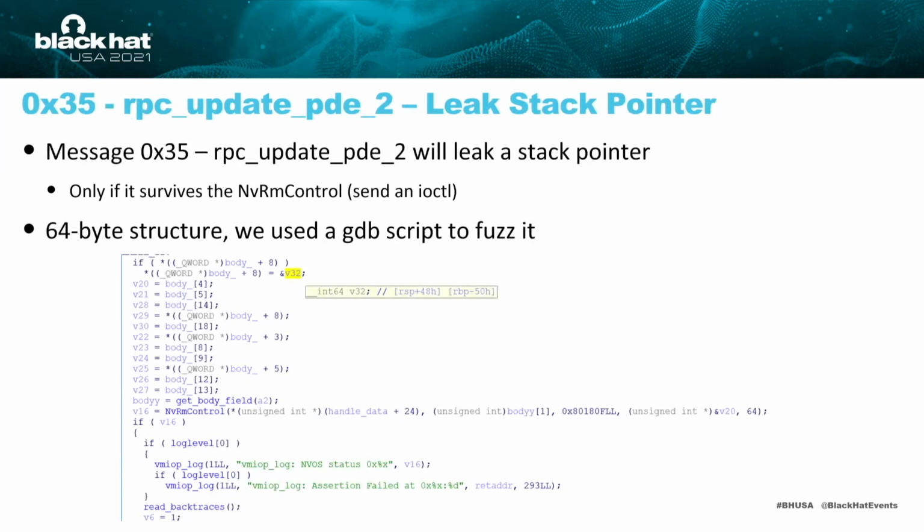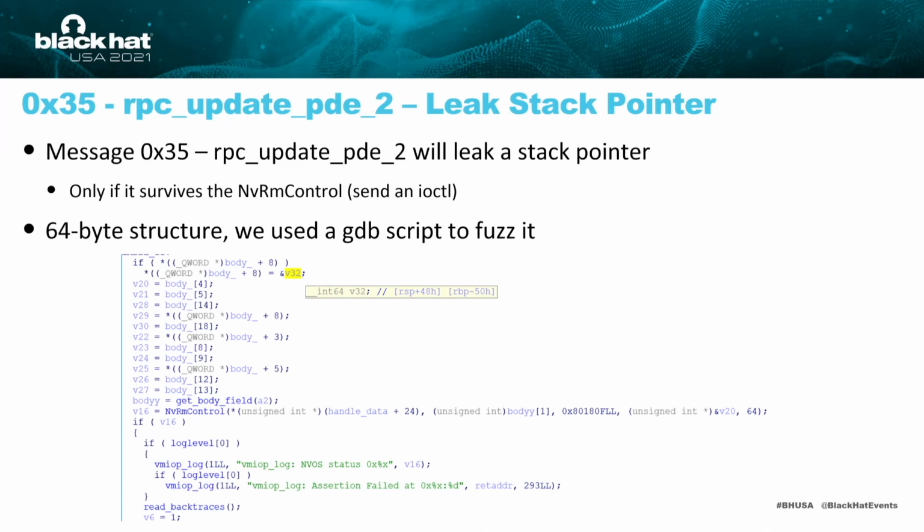Let's take a look at it in detail. This code belongs to message 0x35, RPC update PDE2. At the top, if the vRPC body data we passed in has a value, it will write the address of its own local variable into the corresponding position of the vRPC message body. Then, if it passes the NVRM control successfully, that is, the IO control does not return an error, the message handler will return successfully afterwards.